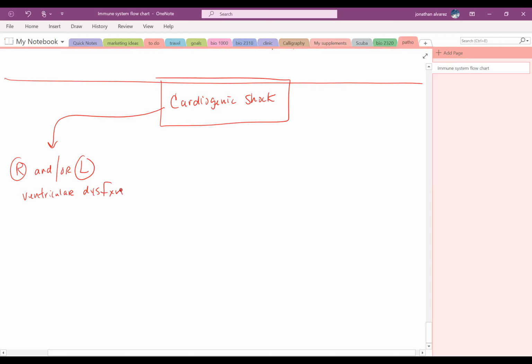Okay, right or left ventricular dysfunction, or I should say right and or left. Could be one or the other or both. Okay, could be because of a myocardial infarction, which is the most common.